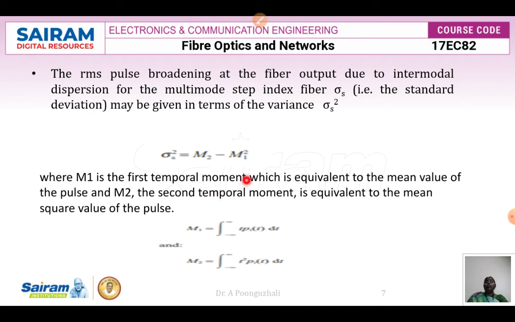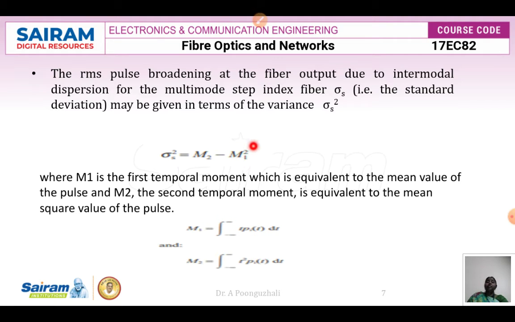So we write m1 is equal to the integral from minus infinity to infinity of t into Pi of t dt, and m2 is the second temporal moment, the integral from minus infinity to infinity of t square into Pi of t dt. When I take the average, the mean value is going to be 0.